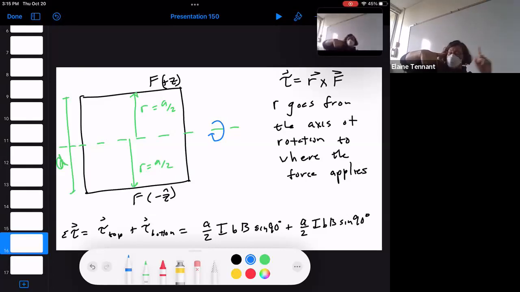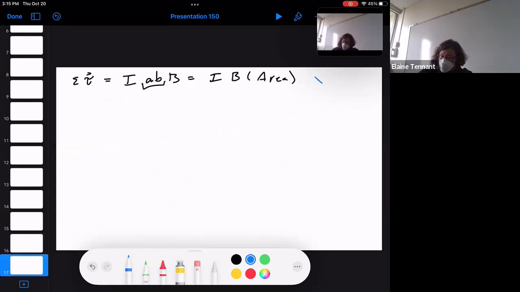And we point our thumbs, and I see everyone's thumb is pointing to the right, which for us means the positive x direction. And so we say the torque in this case is going to be in the positive x direction. Does that make sense?